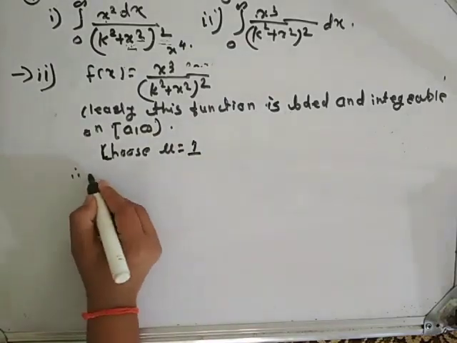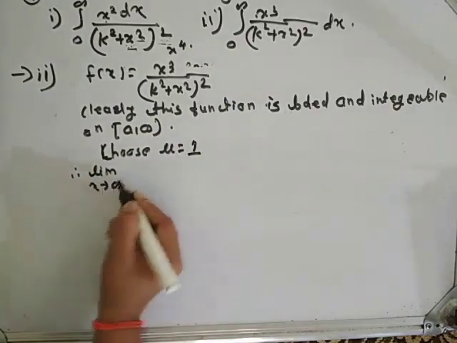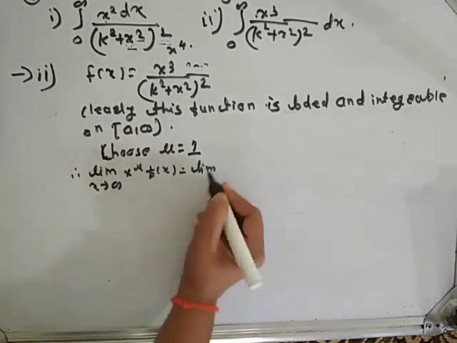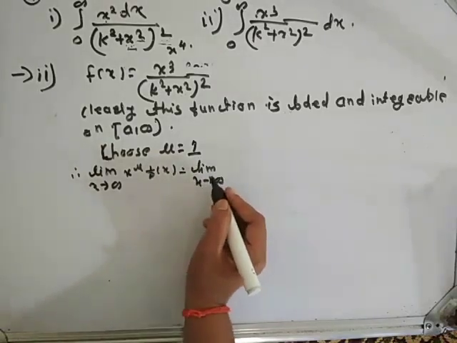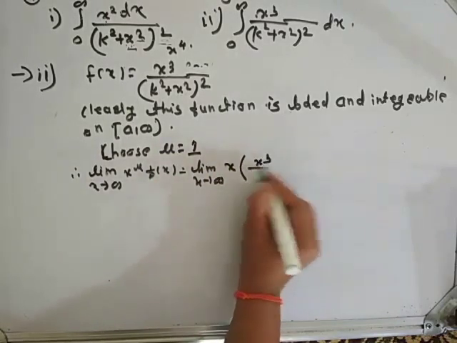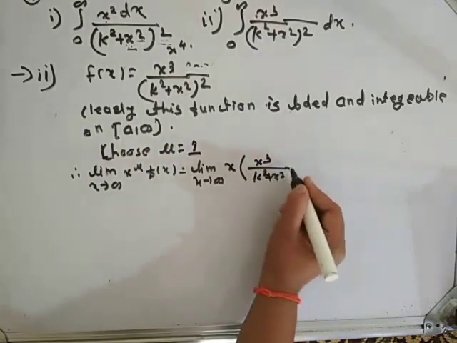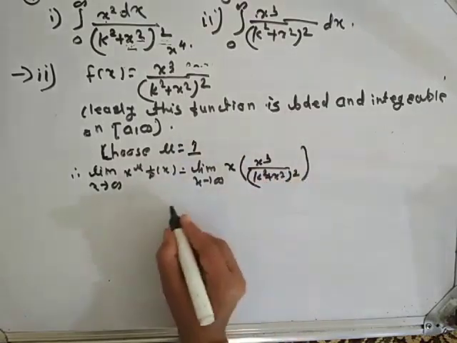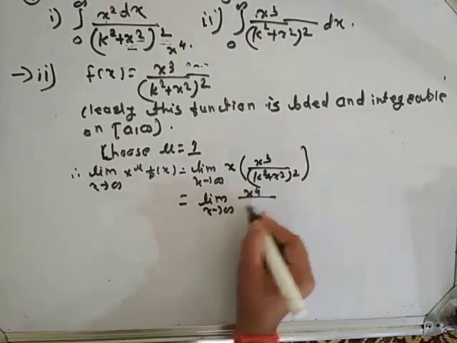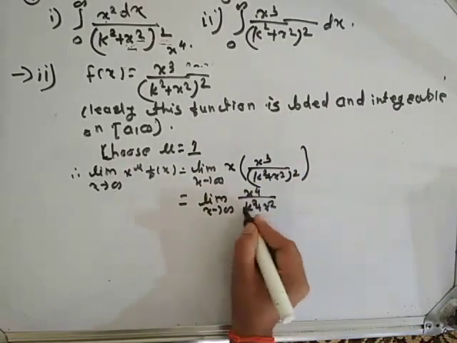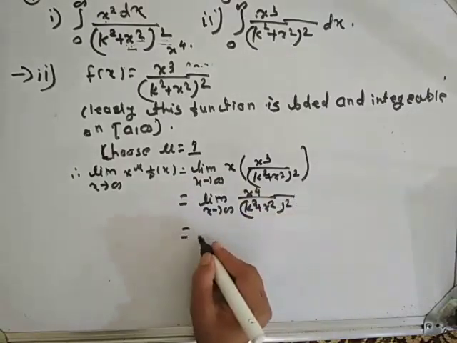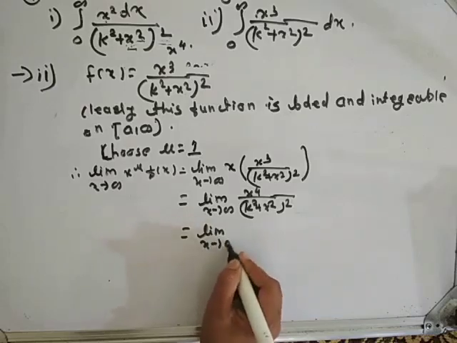Therefore, limit x tends to infinity, x raised to mu into f of x is equal to limit x tends to infinity, x into x cube upon (k square plus x square) whole square. This is nothing but limit x tends to infinity, x raised to 4 upon (k square plus x square) whole square.